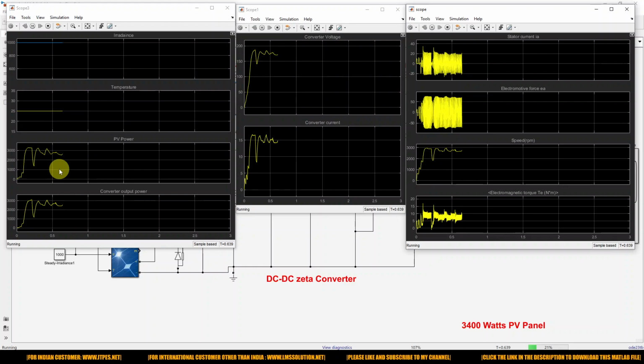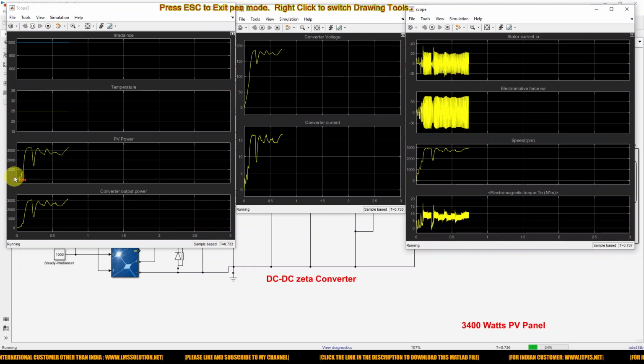It will take some time to find the optimal duty cycle to extract the maximum power from the PV panel. Here you can see that at every step time the power changes, with a peak power and then a local maximum power.